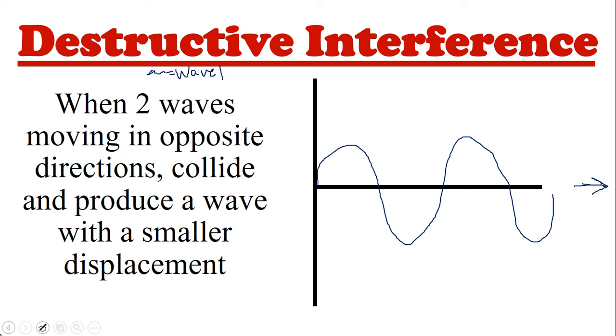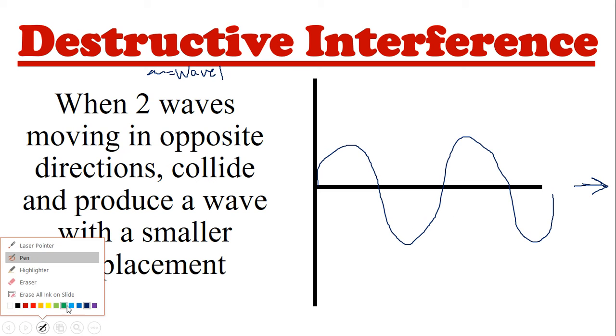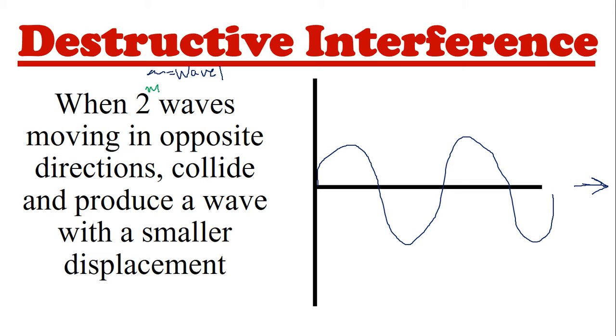It looks like this. Then we're going to switch over to green, and green's going to again be wave 2. Green is moving in the opposite direction. All right, it's going opposite.